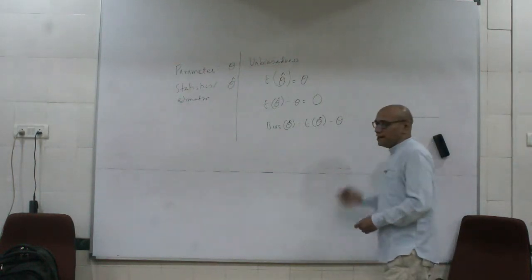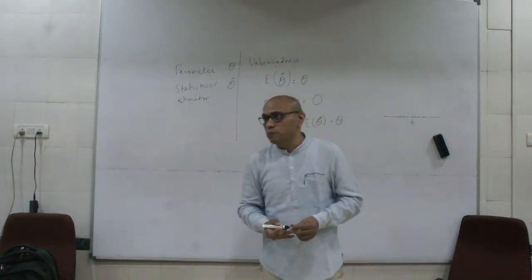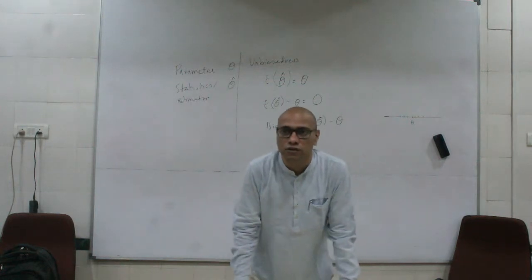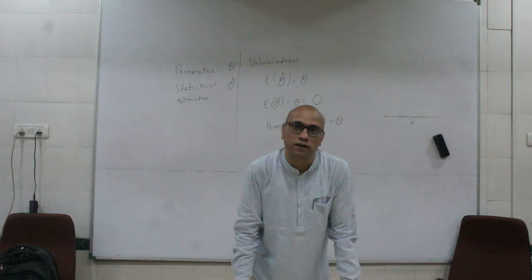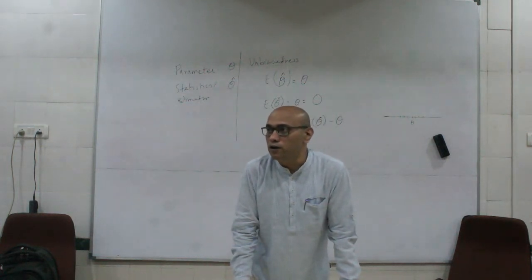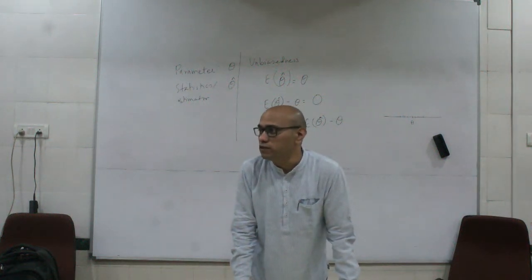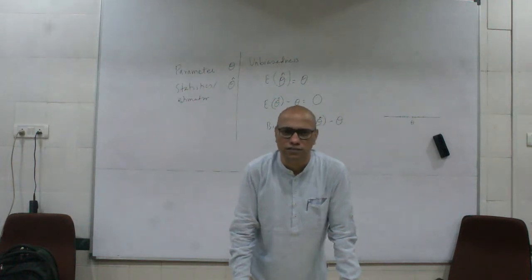Say for example my population parameter is the population mean. Suppose I'm measuring power distance from Hofstede's conceptualization. You're aware that Geert Hofstede talked about cultural dimensions in two of his most important contributions. The first is Culture's Consequences, the second one is Cultures and Organizations.